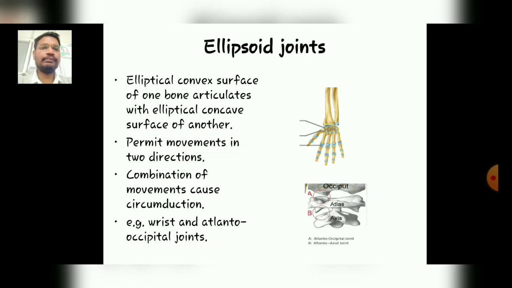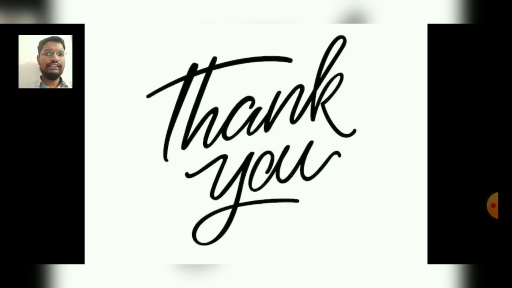Let us take the example of the ellipsoid joints: this type of joint involves the wrist and the atlanto-occipital joints. So guys, hope you all understood very well.